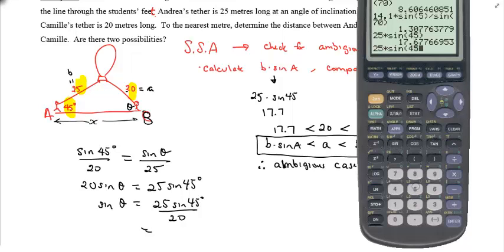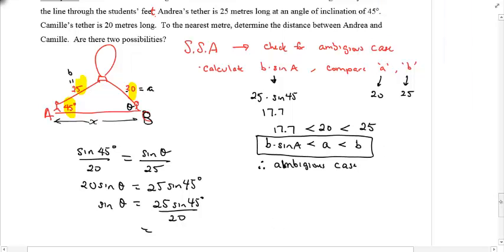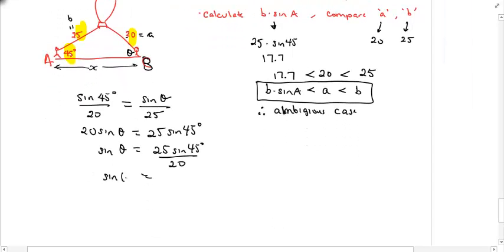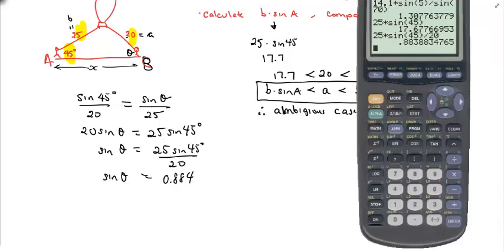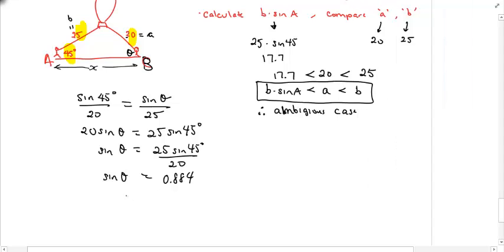Sine theta equals 25 times sine 45 divided by 20, which is 0.884. And then if I want to find the angle, it's inverse sine again. And there we go, 62.1. So theta here equals 62.1 degrees.